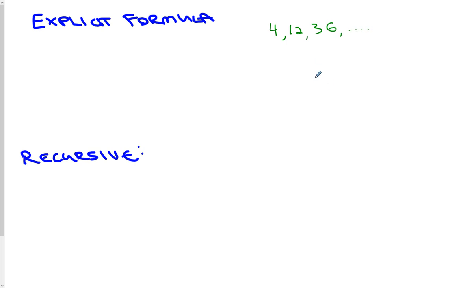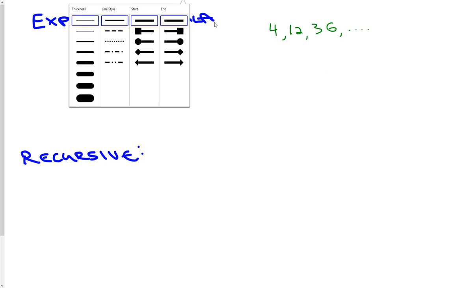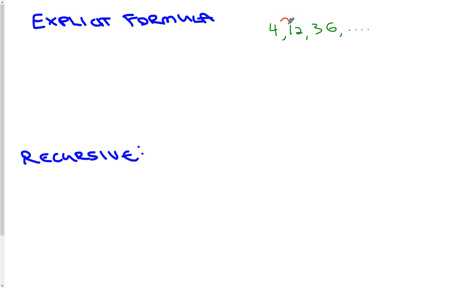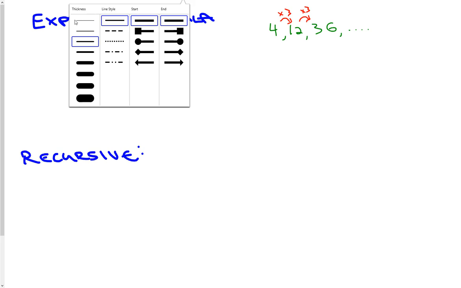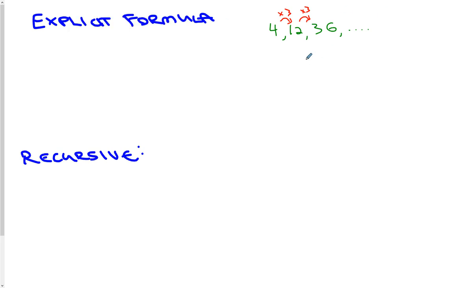Now, when we look at that and we try and figure out, okay, how much is that going up by? You may just look at it and notice that each of these, to get to the next one, we're multiplying by 3. But if that's not super obvious, there is a method you can use where you say, I'm going to take my third term here.